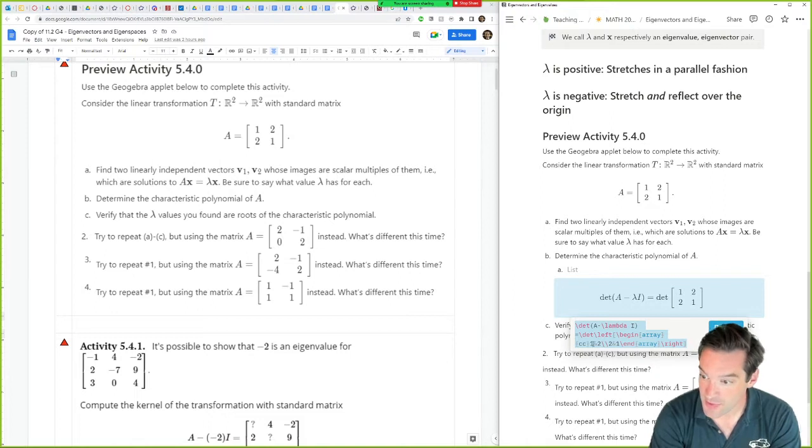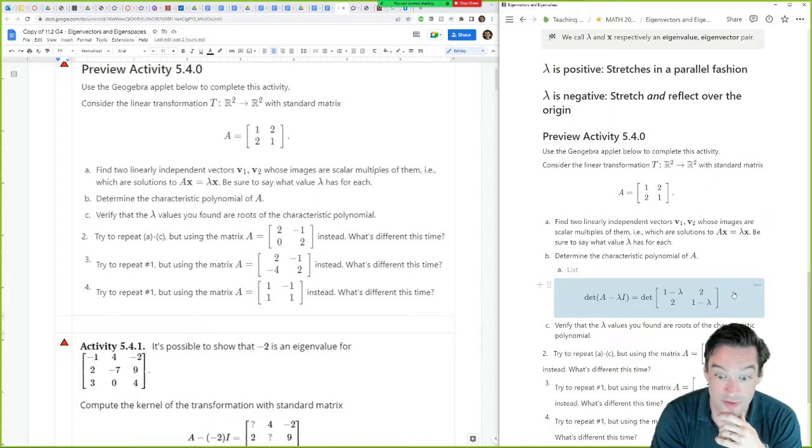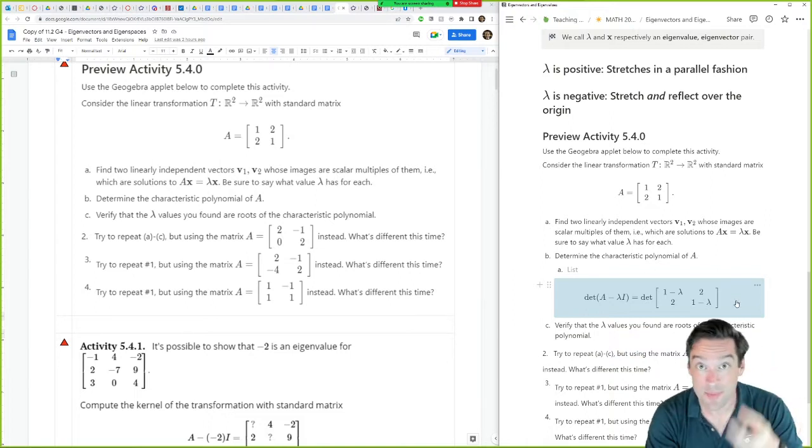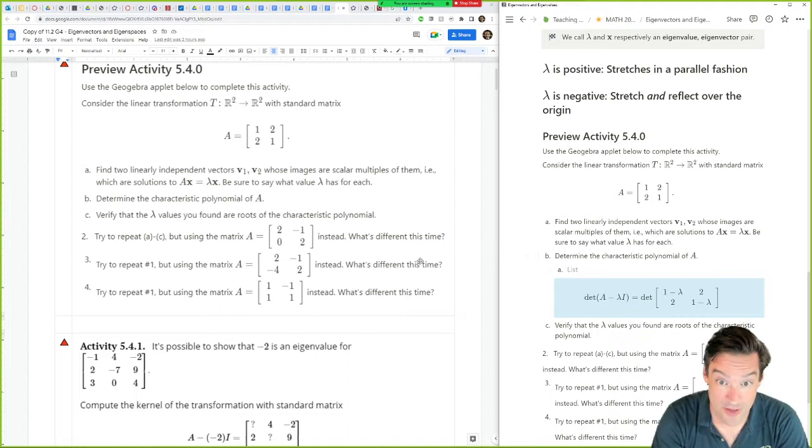So when I subtract lambda times that much, what ends up happening is that I subtract lambdas everywhere on my main diagonal. Right? And then I take the determinant of that matrix with the lambdas in place, and I'm going to get some polynomial whose roots are going to be the eigenvalues of my matrix.